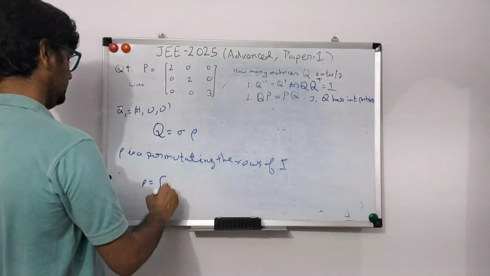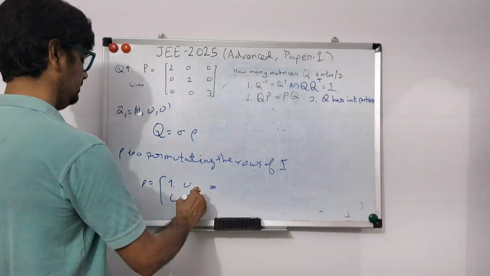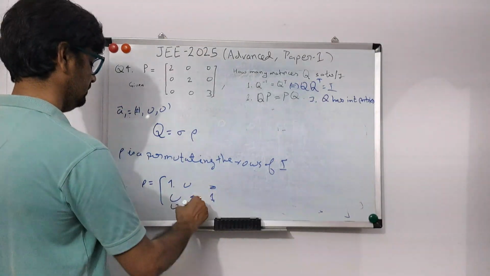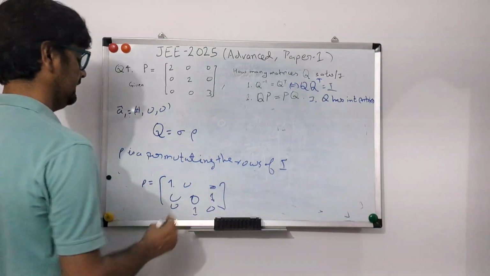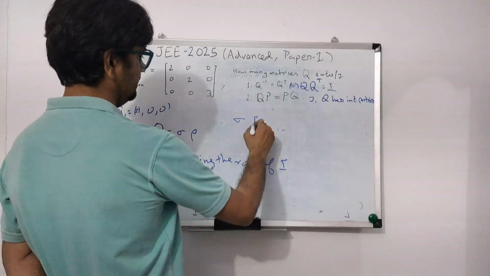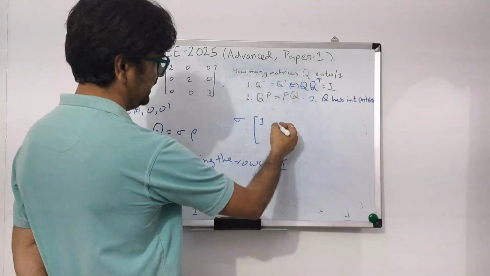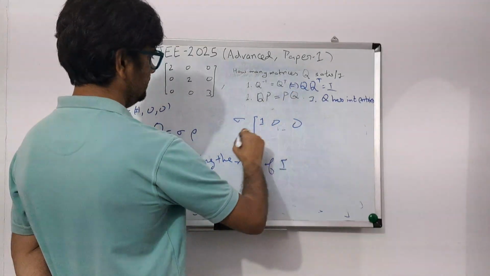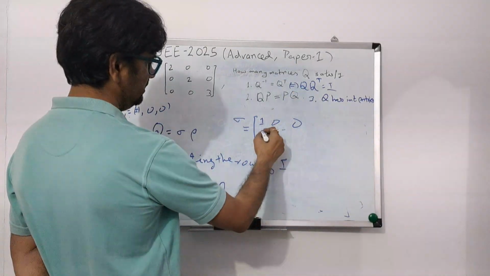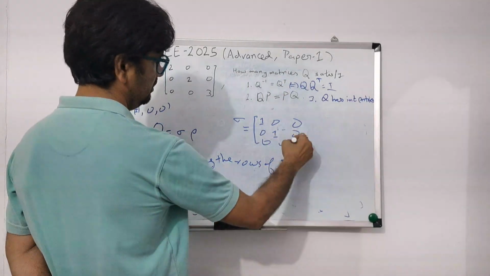For example, rho equals 1 0 0, 0 0 1 and 0 1 0, and sigma is obtained by adding plus or minus signs to the rows of the identity matrix. So one of the examples of sigma is 0 1 0 0 0 minus 1.